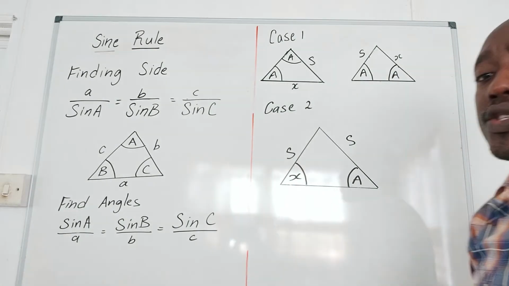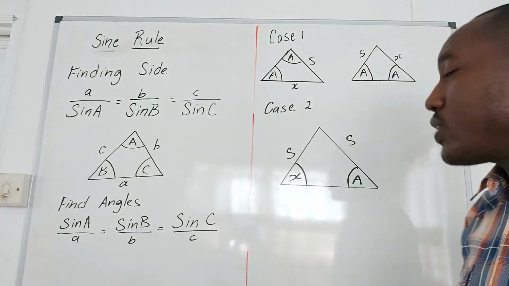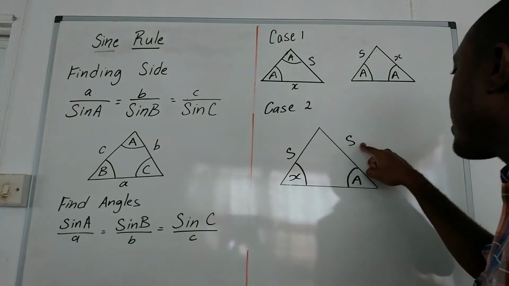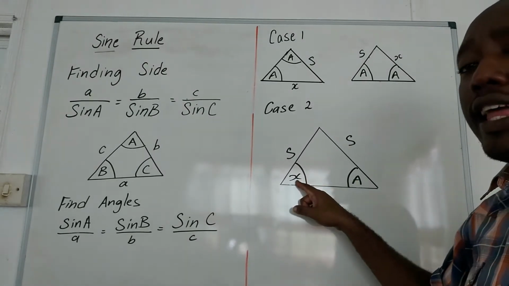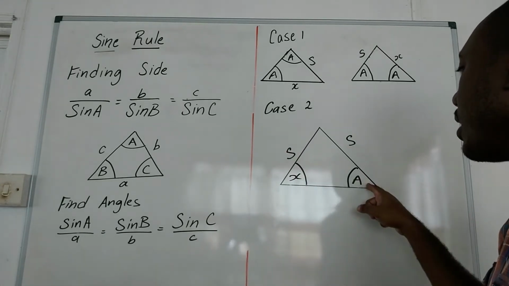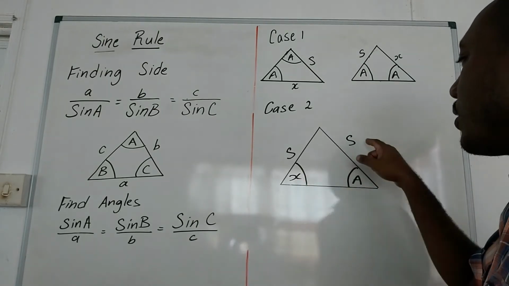Another way we can use the sine rule is when we're given two sides and an angle. This side is given, and this angle is given, and we need to find this angle x. So we have a side opposite the angle, and we need the angle opposite this side.